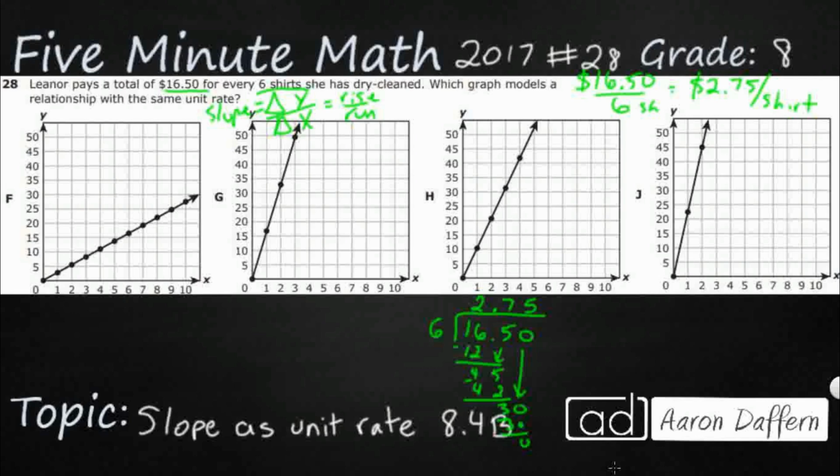All that means is we just need to take 2 y coordinates and subtract them, and 2 x coordinates and subtract them. And since we've got all of these as proportional linear relationships, that means they're going through the origin, which means we can use that as one of our points. There's nothing that says you cannot do that.